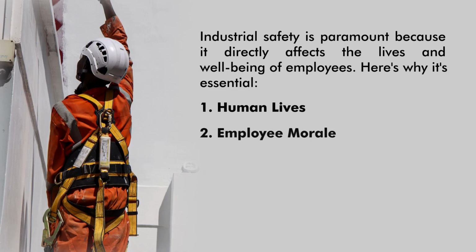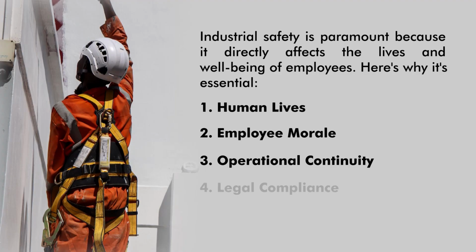Next one is operational continuity. Accidents disrupt operations and cause downtime. Industrial safety ensures business continuity by minimizing interruption and maintaining productivity. Next one is legal compliance. Means non-compliance with the safety regulation can lead to legal penalties, fines and lawsuits.